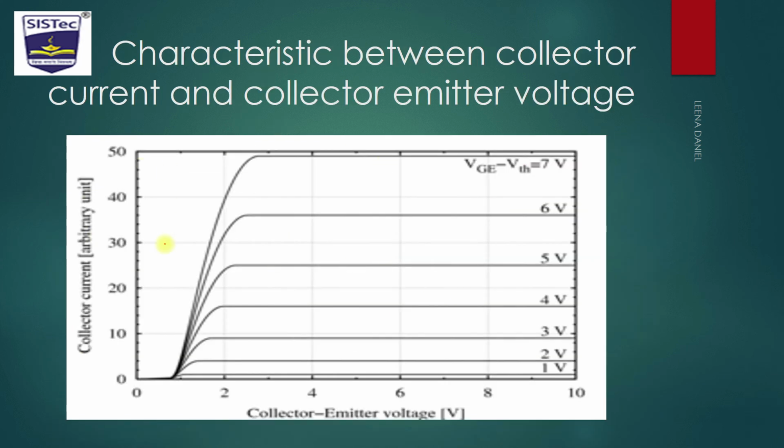This is the static VI characteristic of the IGBT, and this characteristic is plotted between the collector current and the collector emitter voltage VCE for various values of VGE, because we are applying different voltages across the gate to emitter terminals.